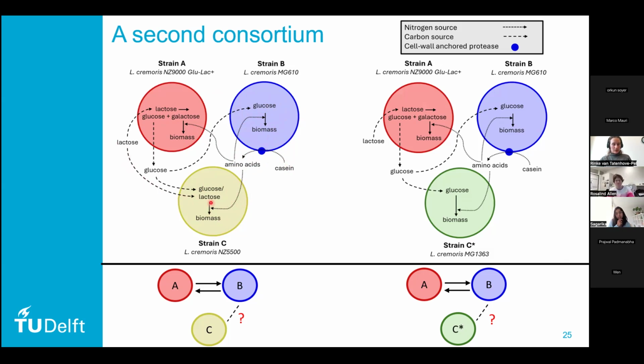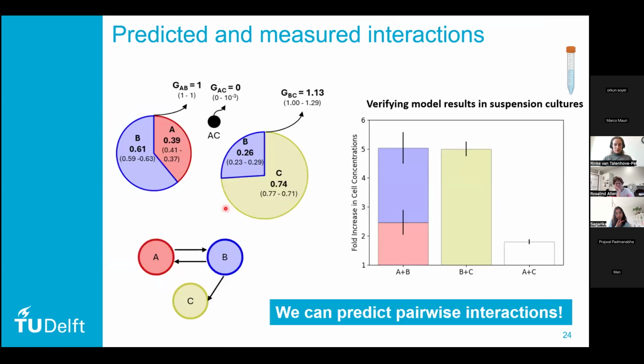And even though this strain is not providing any glucose back to strain B, the amount of amino acids that are released by strain B is enough for this strain to grow to the full capacity of the vat. So that was what was happening here.